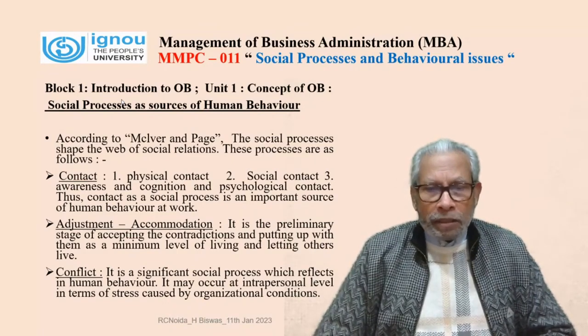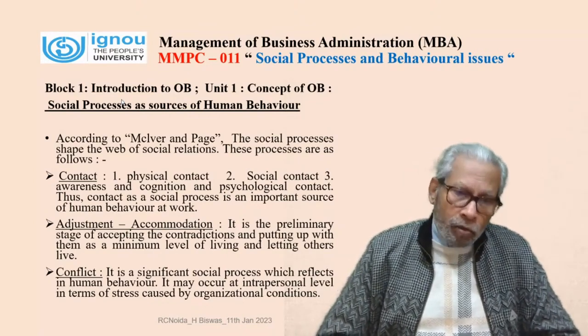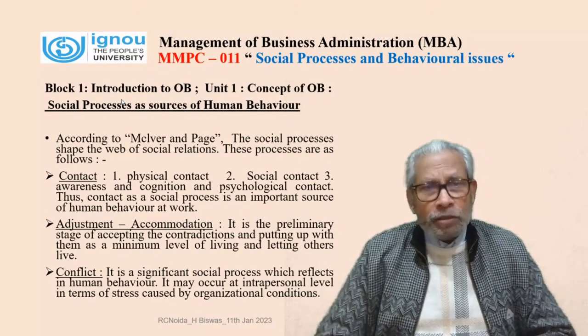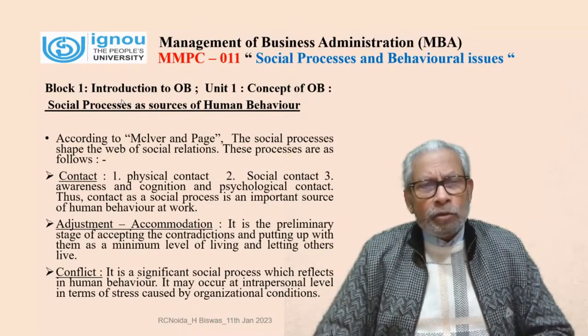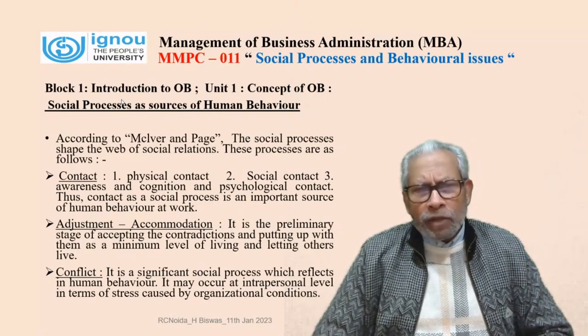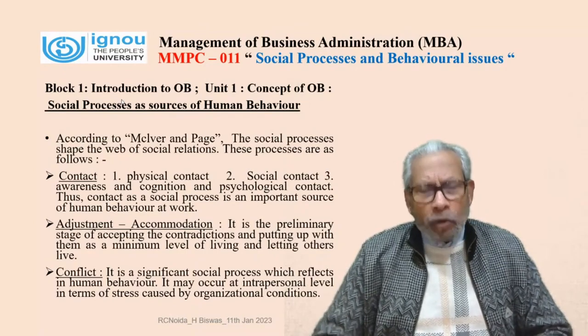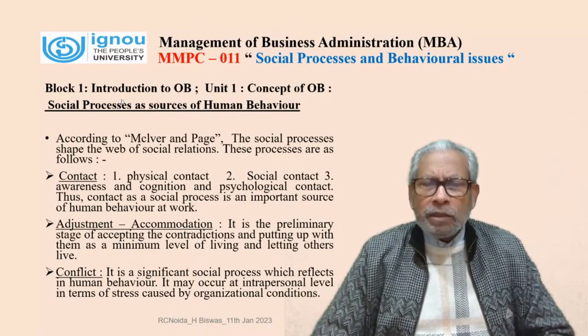It may occur at the interpersonal level in terms of stress caused by the organizational conditions, because different conditions and different situations will be there. So based on the situations, to some extent conflict will be there. But even if we have a good process, good systems, and policies, then conflict can be reduced.